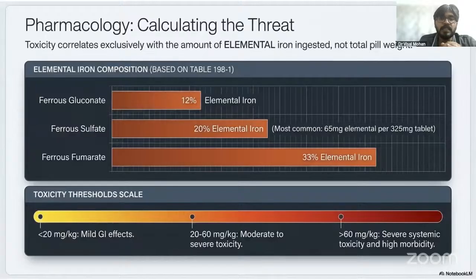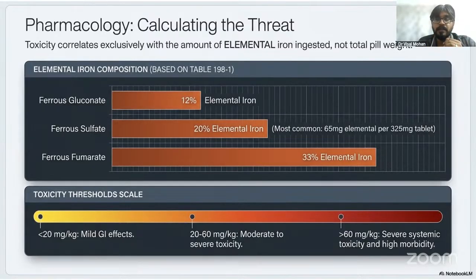We should know the normal iron tablets, the compositions that are used, and the elemental iron percentage in each composition.